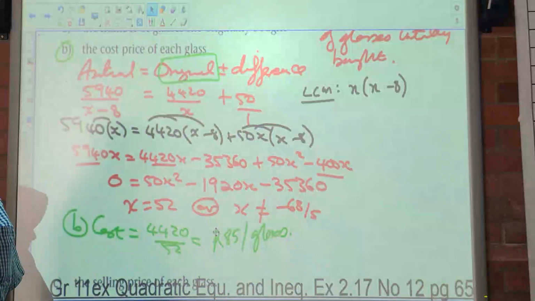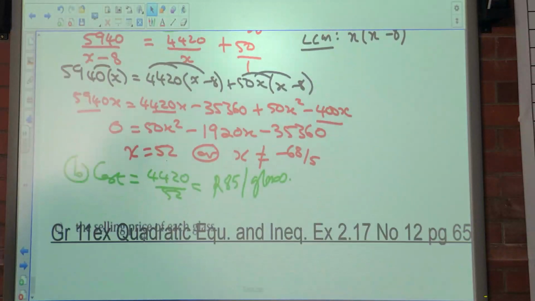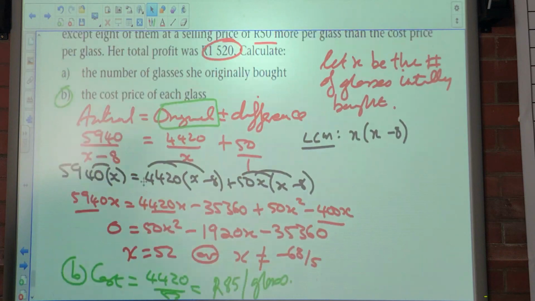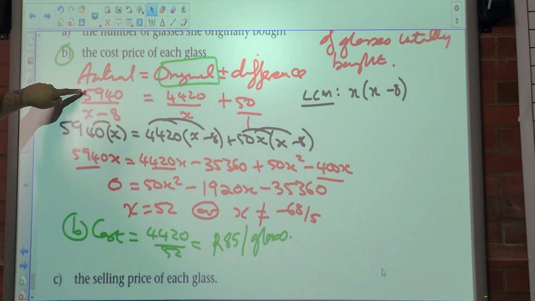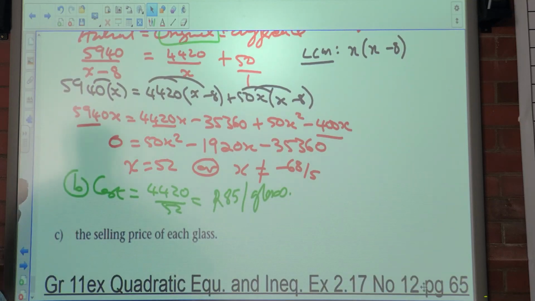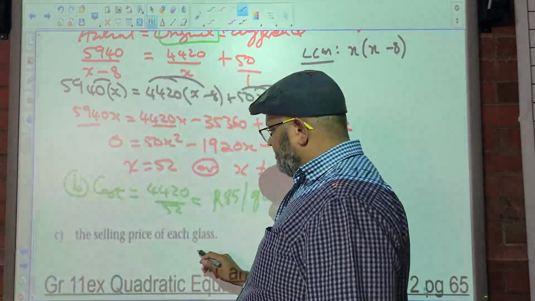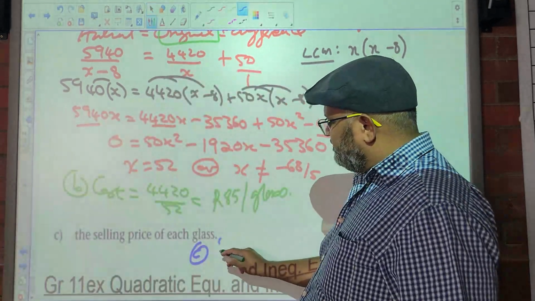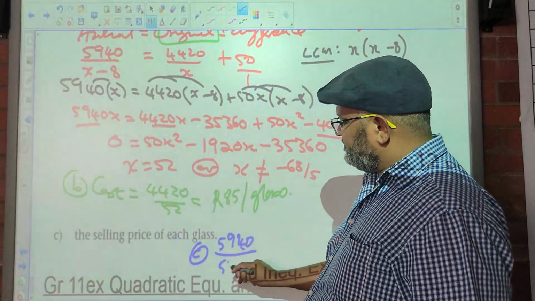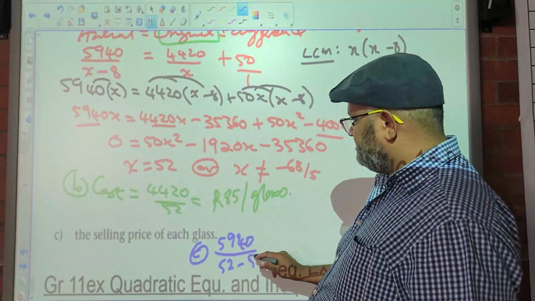Okay, and then C says the selling price of each glass. So remember that is the total income over the number of glasses sold, not so. So to work out the total for each glass, it's going to give you 5,940 Rand over 52 minus 8.